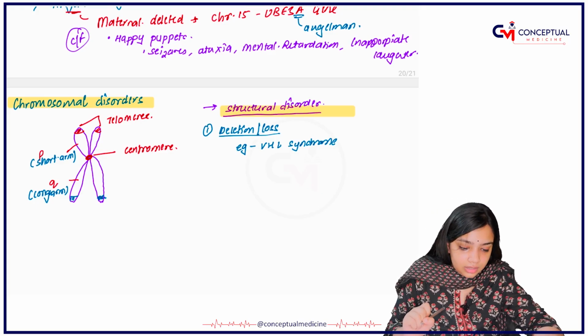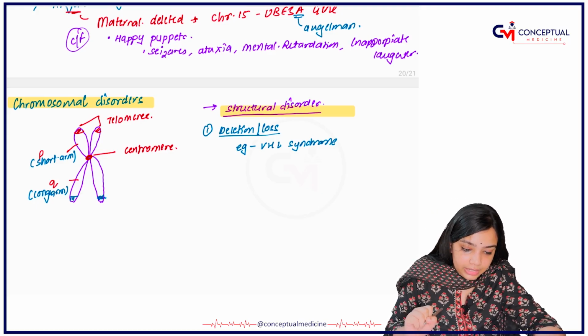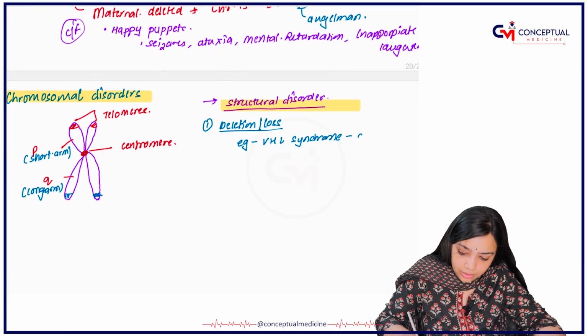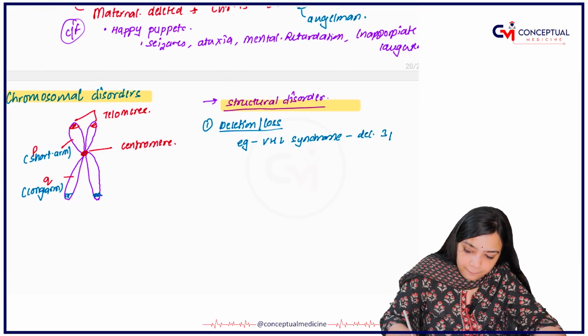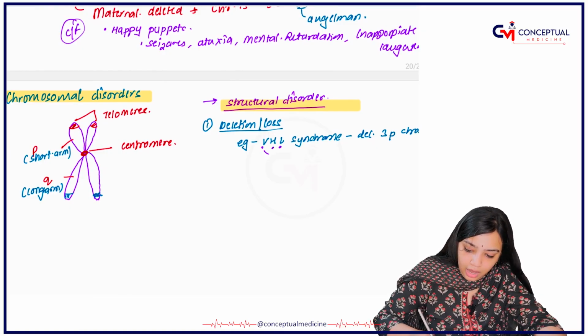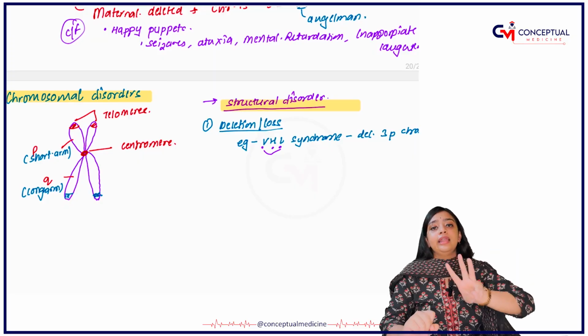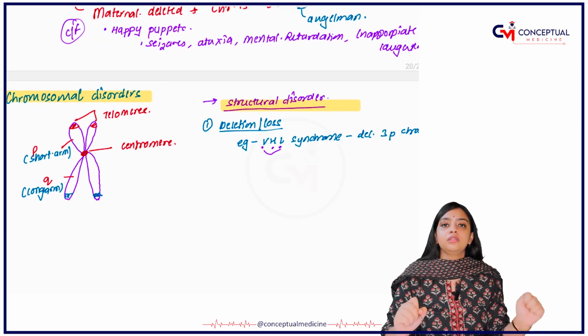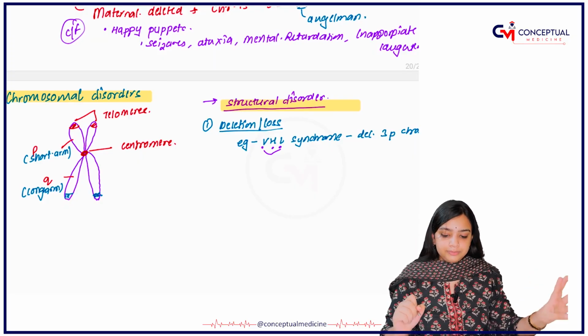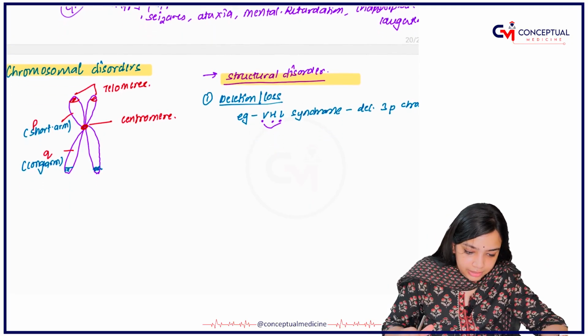It is your von Hippel-Lindau disorder, deletion in the 3p chromosome. So remember VHL, how many letters does it have? It has 3 letters. So it means deletion in chromosome number 3. Okay, this much is clear.